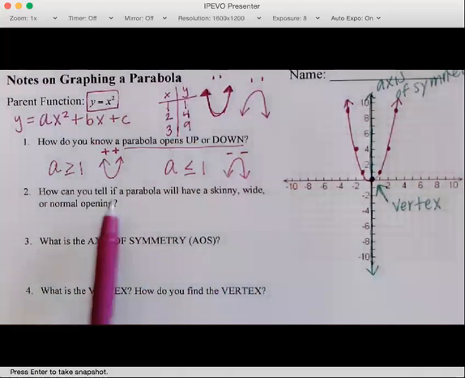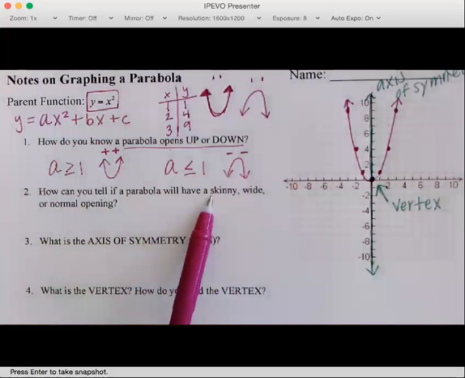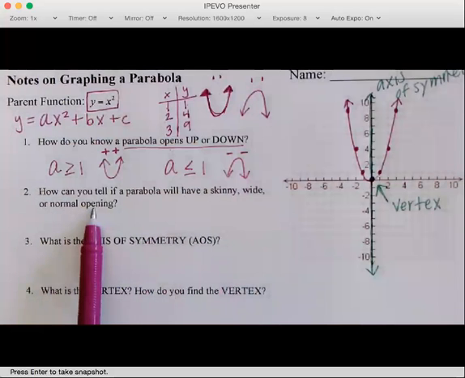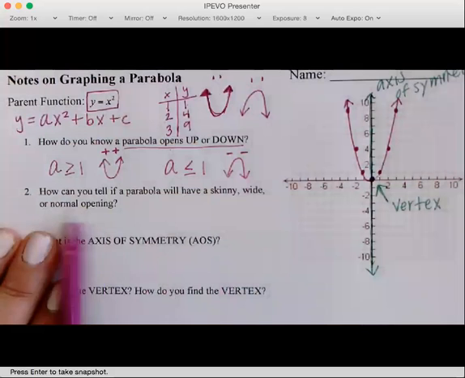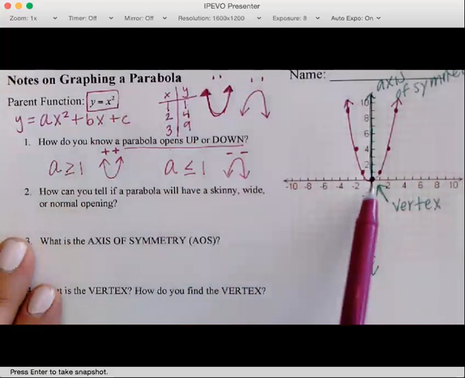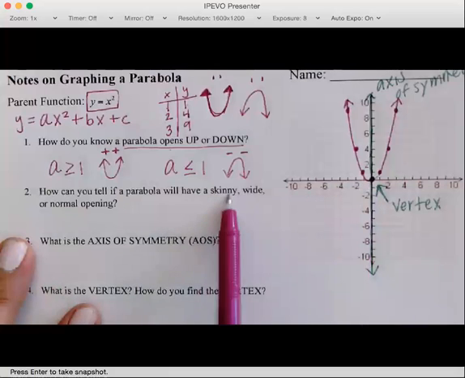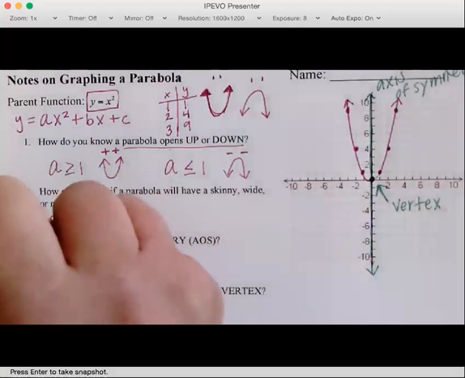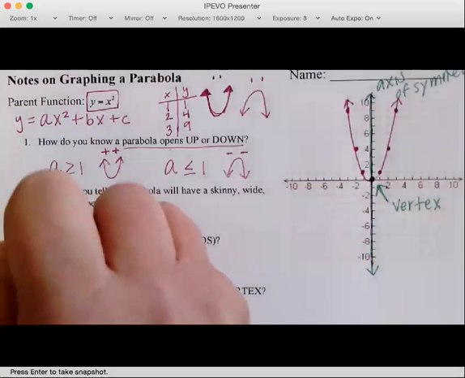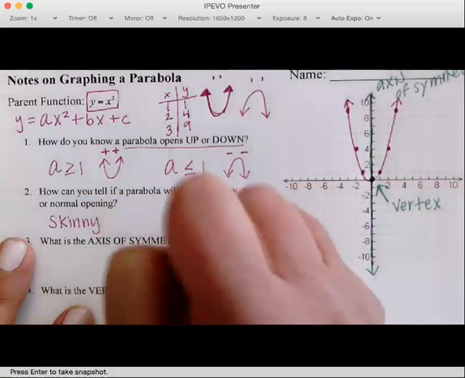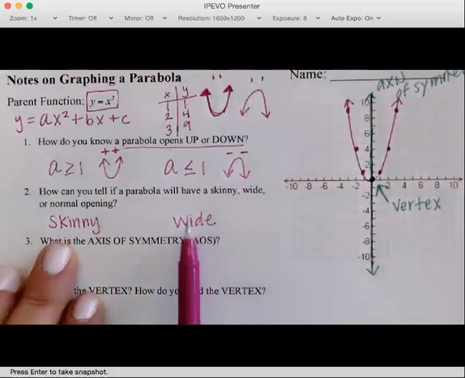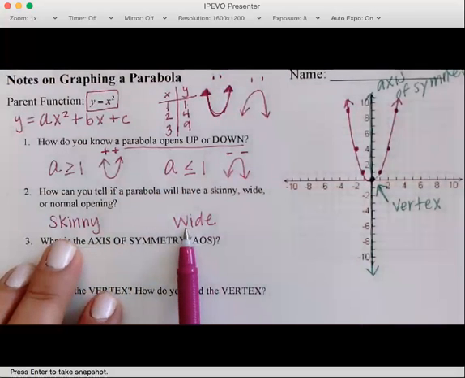Okay, how can you tell if the parabola will have a skinny, wide, or normal opening? So let's first talk about a normal opening: 1, 1, 2, 4, 3, 9. It follows this pattern. This is a normal opening. But if it's skinny versus wide, let's say we changed the A value to a 5.